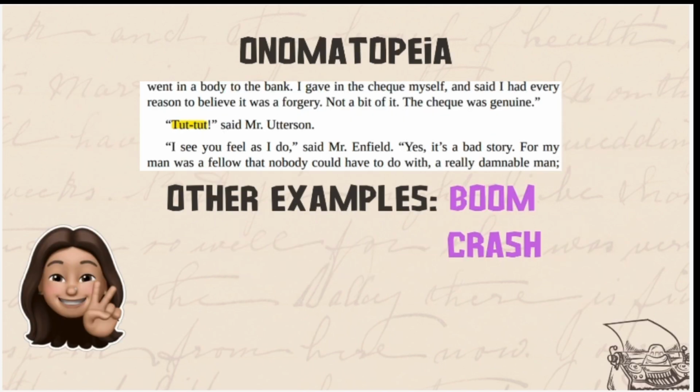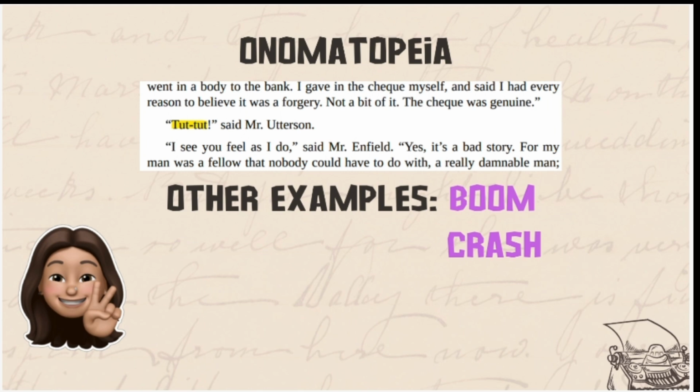Onomatopoeia is also part of the word formation processes. Onomatopoeia refers to words that imitate the natural sounds associated with the object or action they refer to, and these words sound like what they describe. For example, the expression "tut-tut" is a mild exclamation that softens the criticism, making it less direct or harsh.